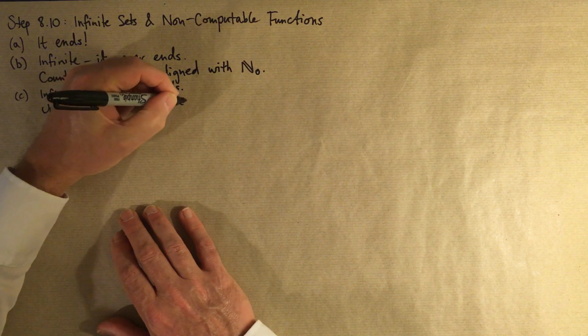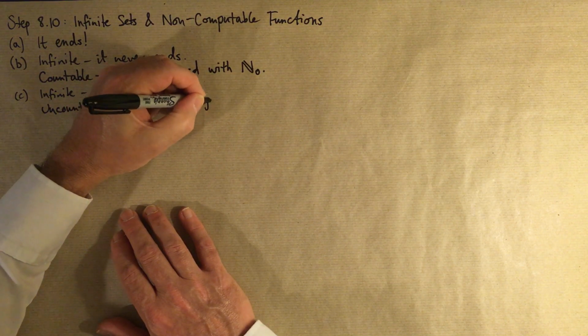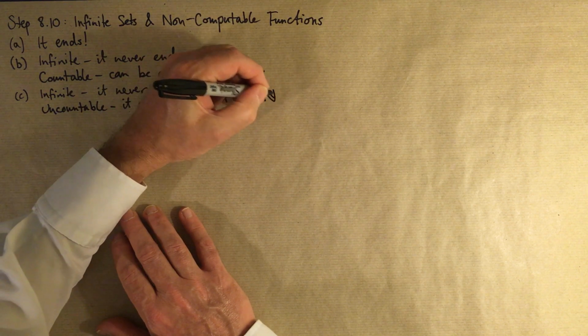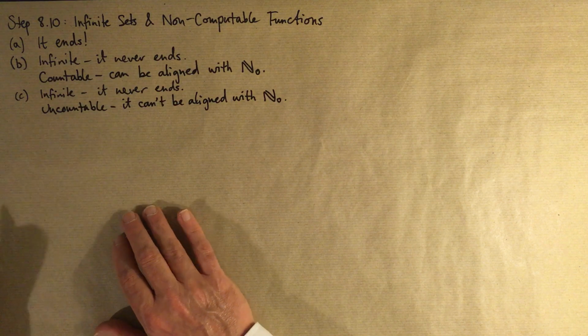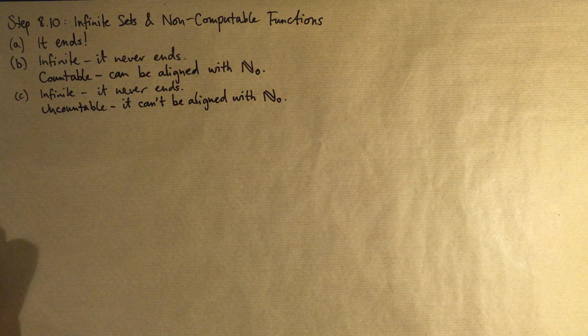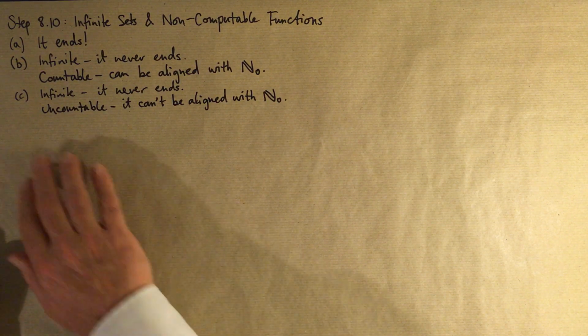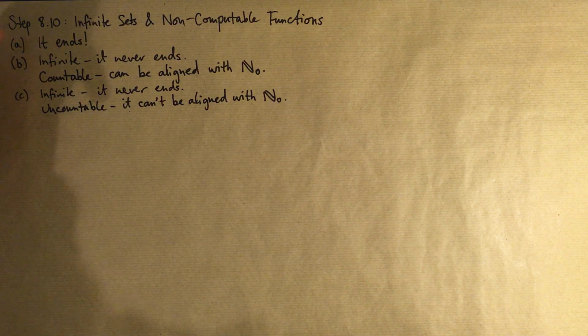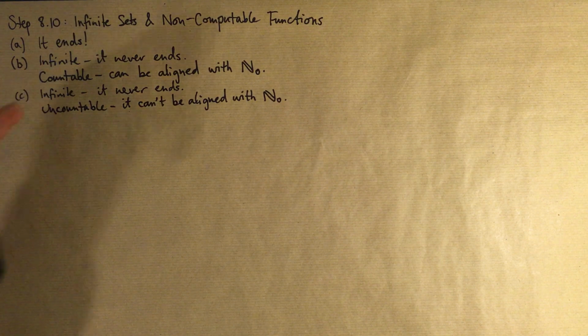And we'll see examples of those sets as we go through the exercises. So those are the three types of sets: finite, infinite and countable, infinite and uncountable.